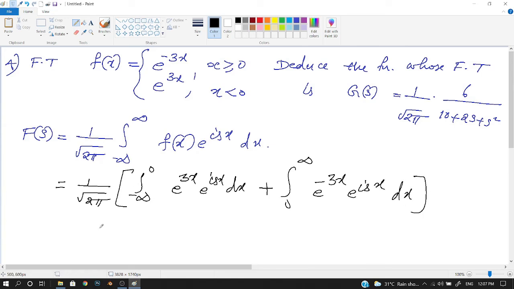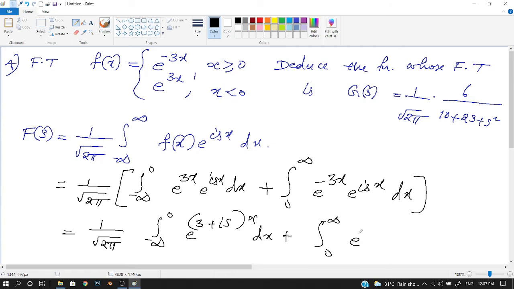Okay, now you can group the terms. So minus infinity to 0 e raised to, you can rearrange the terms here, (3 plus is) into x dx, and the second term is 0 to infinity e raised to (minus 3 minus is) into x dx.